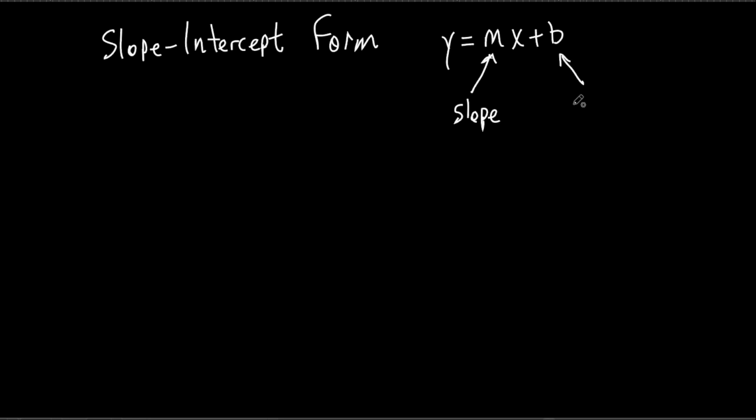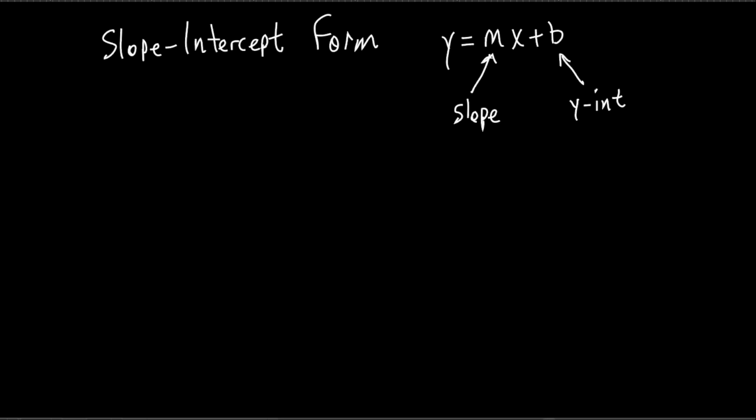Now, you actually know what this means, but you don't know it by the letter b. You may remember it from last year in Algebra 1. Does anybody remember what the b stood for on the equation of a line? Do you remember doing y equals mx plus b last year? The b represents the y-intercept. We just learned what the y-intercept was, and that number right there, the b, is the y-intercept.